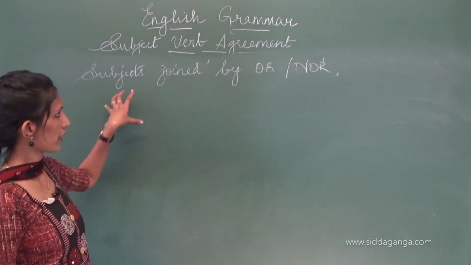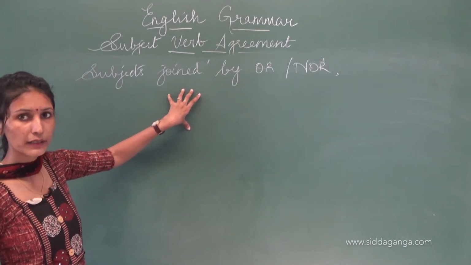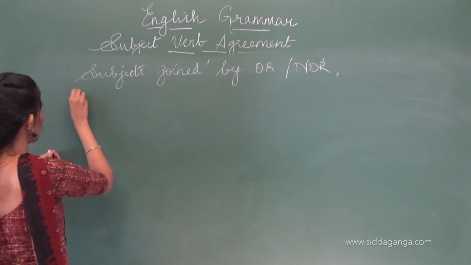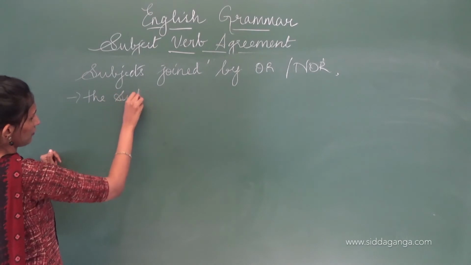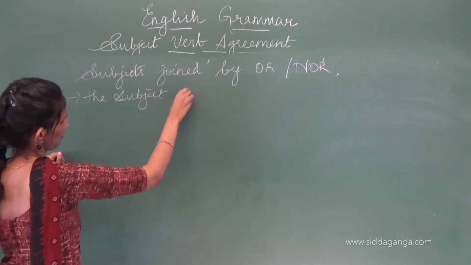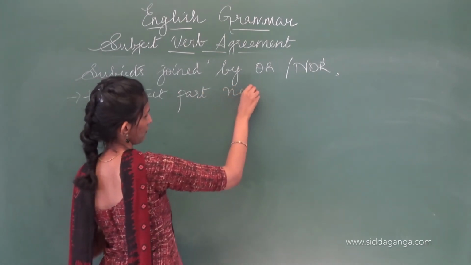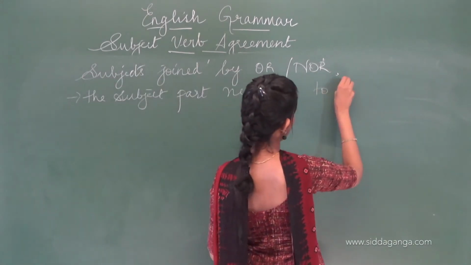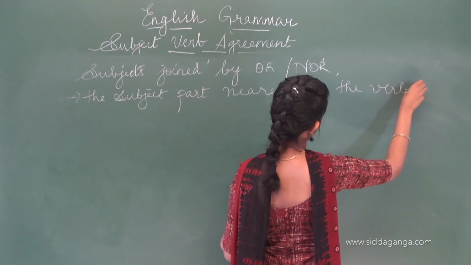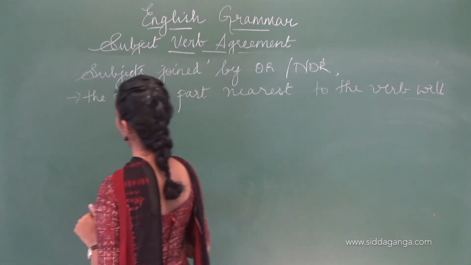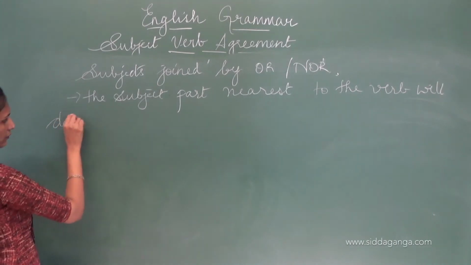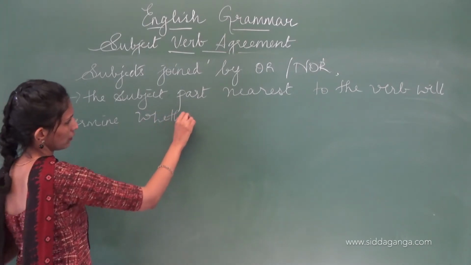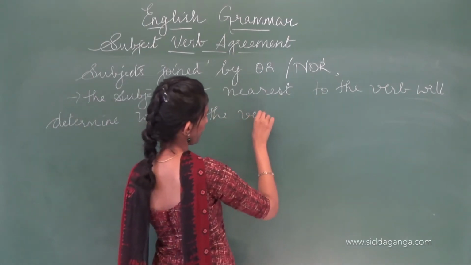Now when the parts of the subject are joined by or, nor, the subject part nearest to the verb will determine whether the verb is plural or singular.